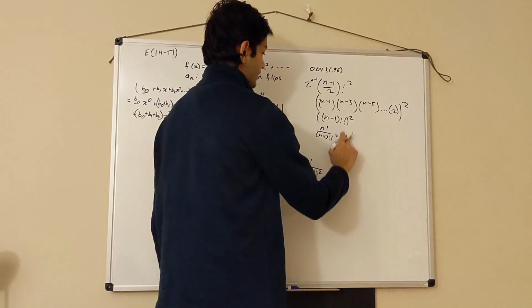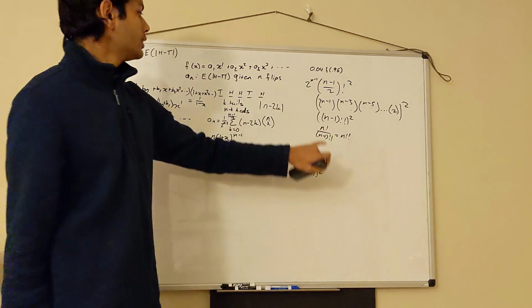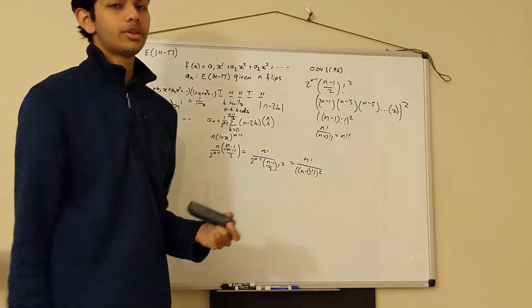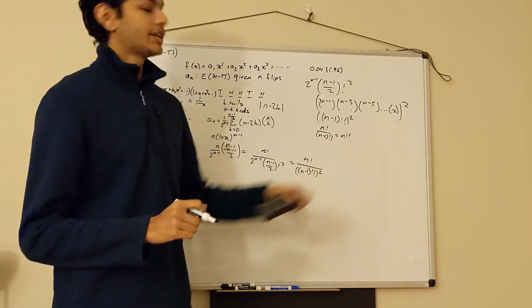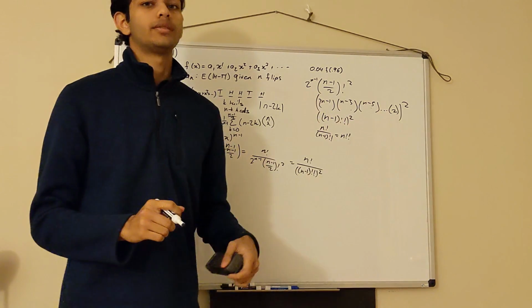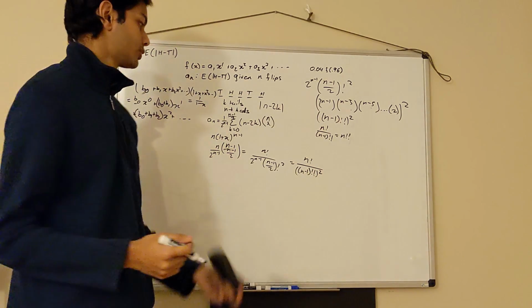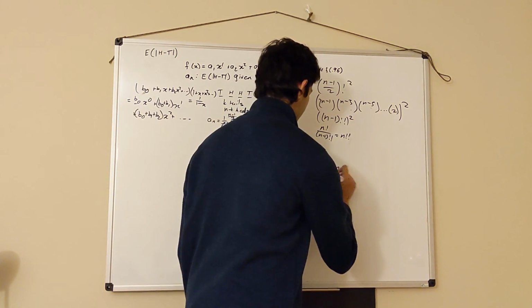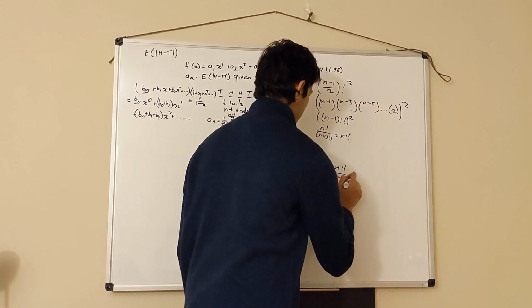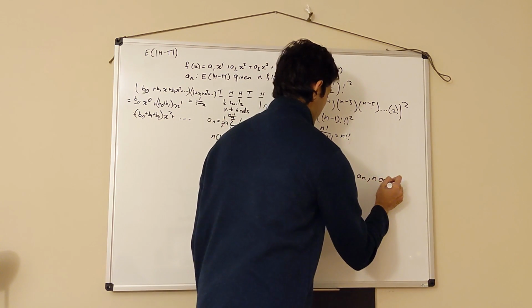The way you can think about this is, for example, here n is odd, so this numerator is going to have odd and even numbers. This n minus 1 double factorial will cancel out all the even terms, and then all you have is all the odd terms, which will give you n double factorial. So we can rewrite this as n double factorial over n minus 1 double factorial. So that is your value of a_n for n is odd.